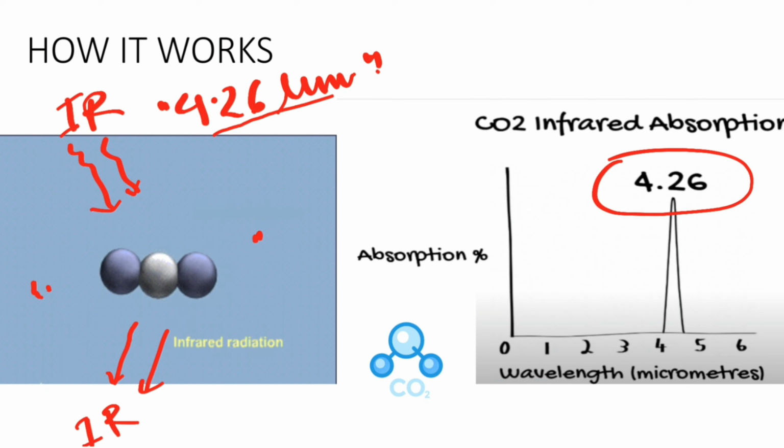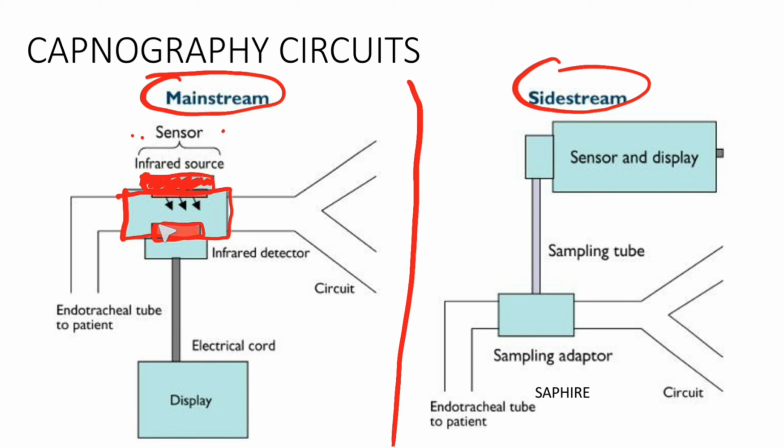Now let's talk about the basic capnography circuits. There are two types of capnographic circuits that are used: one is mainstream, another is side stream. As the name suggests, in mainstream, if you look properly, this is the infrared source which emits infrared light, this is the chamber, and this is the infrared detector.